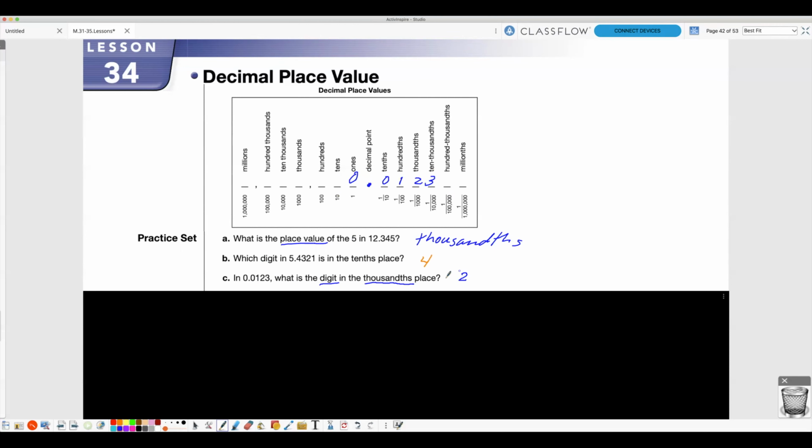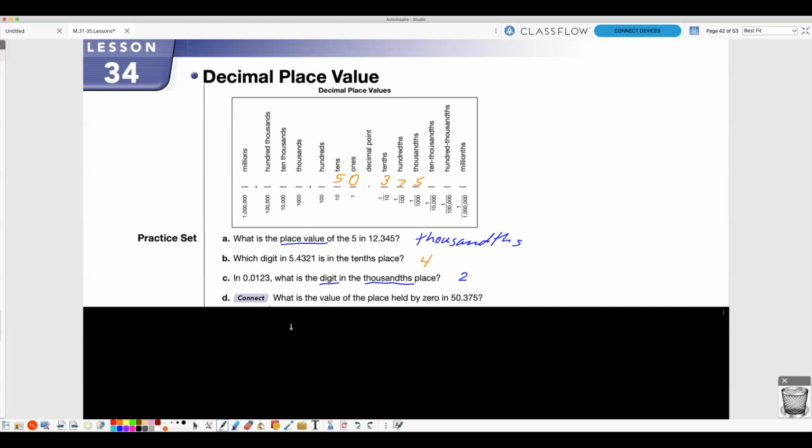Go ahead and do letter D. What is the value of the place held by 0 in 50 and 375 thousandths? So it's basically asking what the place value is. What is the place value of the 0? In this case, if you plug it in, 50 and 375 thousandths, you would notice that it is in the ones place.